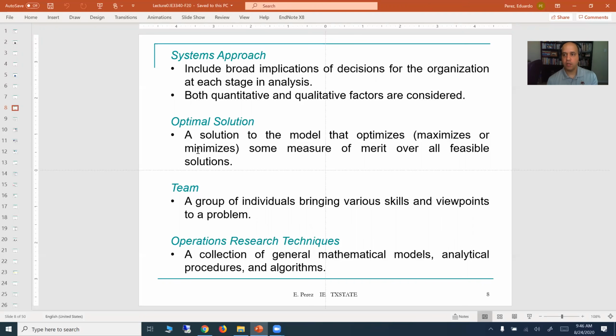We're going to take into account the team, which is a group of individuals bringing various skills and viewpoints to a problem, and operations research techniques. Those are the things that you are going to be learning in this class: how to define these mathematical models, analytical procedures, and algorithms that are going to be used to solve the problems.